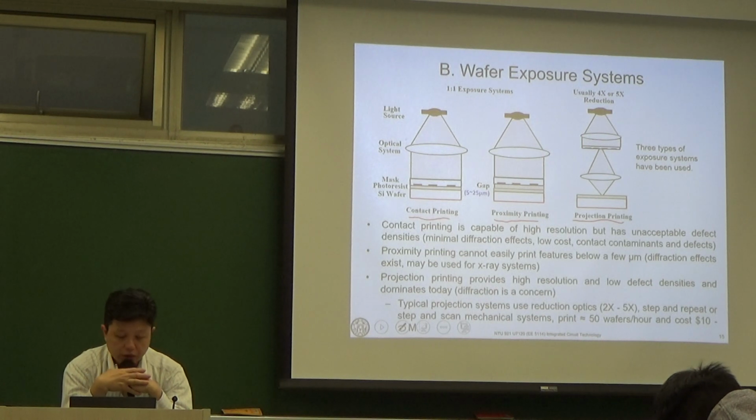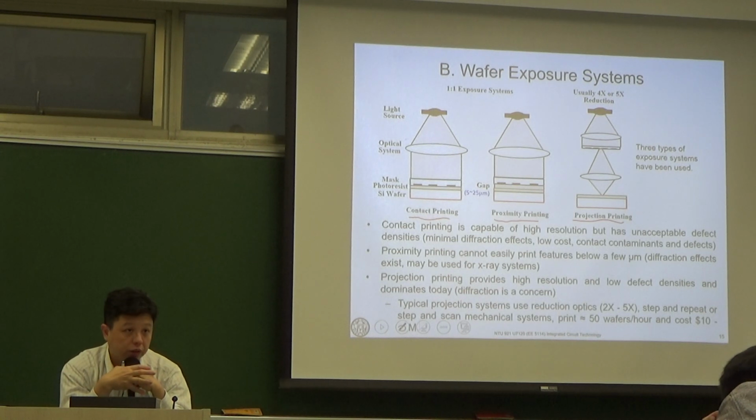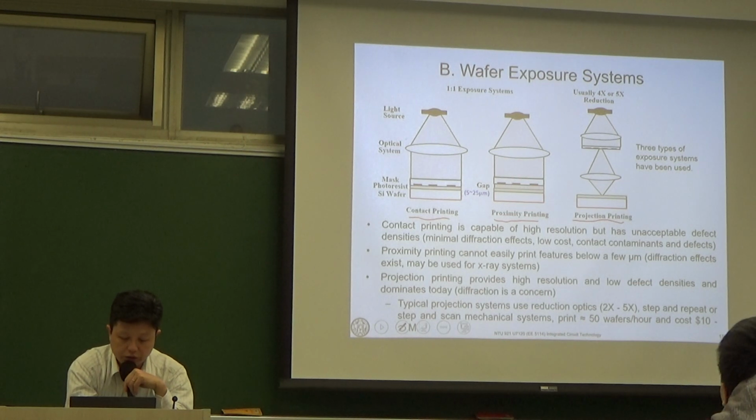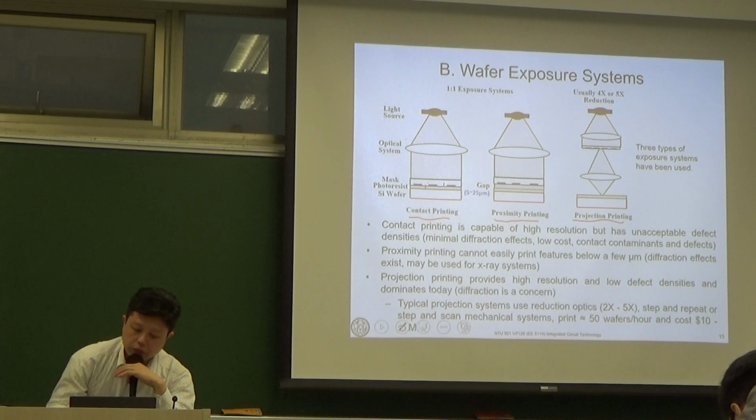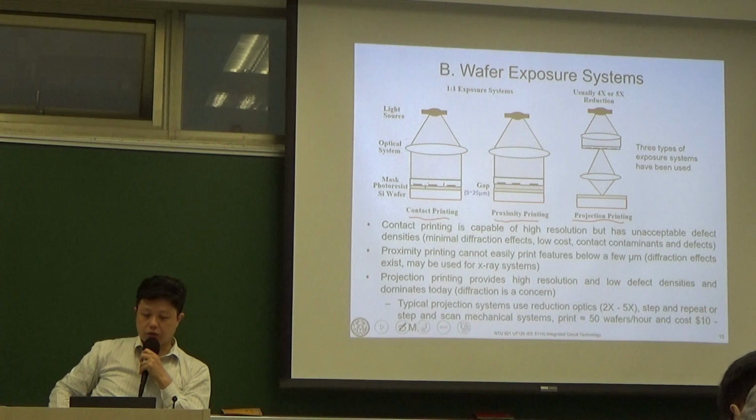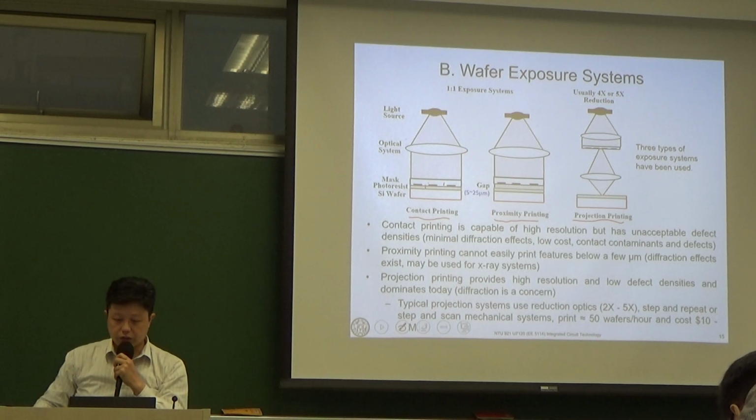But in this case, you will not tolerate any defect in these systems, because once you have defects in here, they will affect the final pattern. So we have to pay more attention to how to control your defect densities.